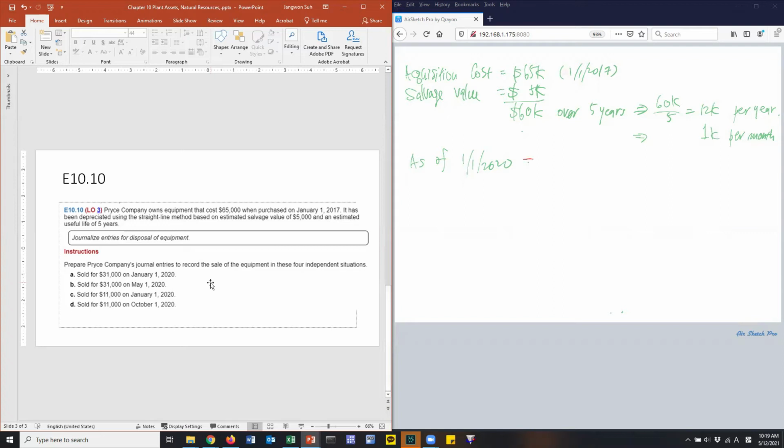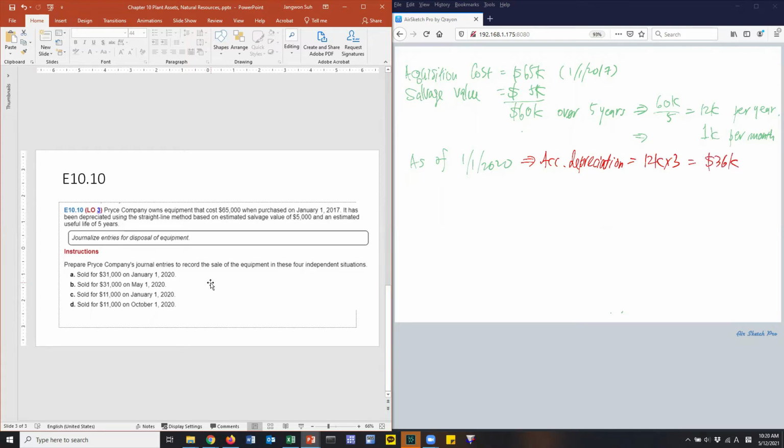Therefore, over the 3 years, you have accumulated depreciation, and per year 12K. So accumulated depreciation must be 36K.